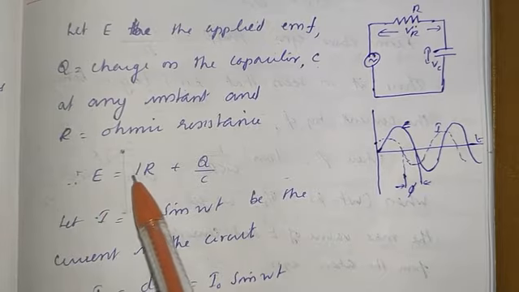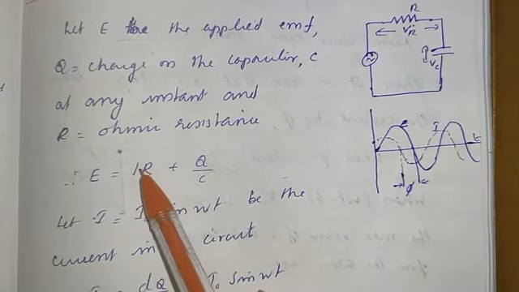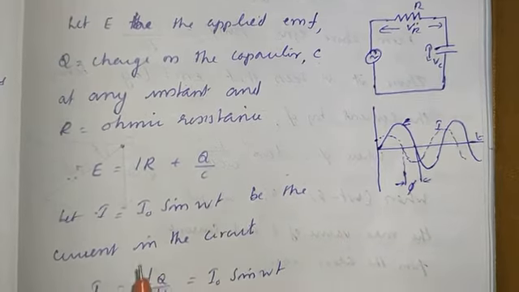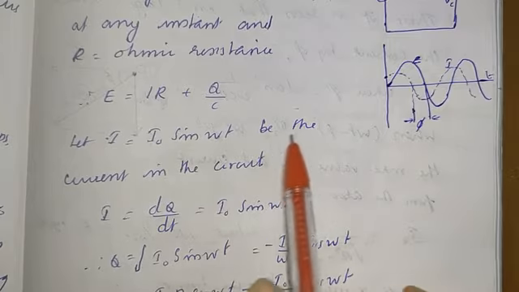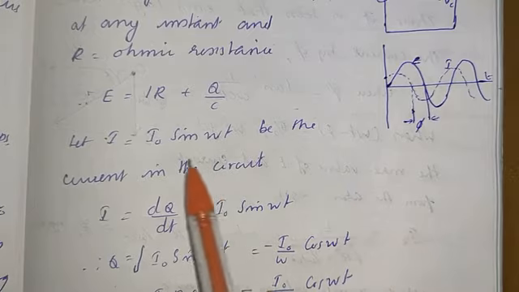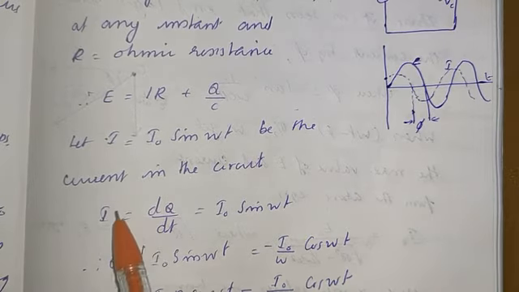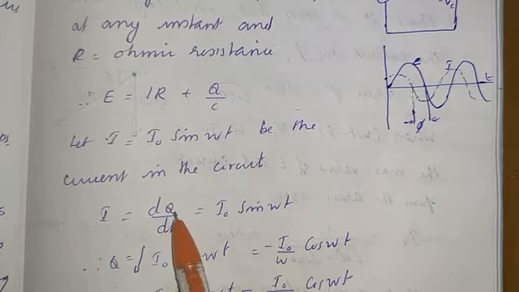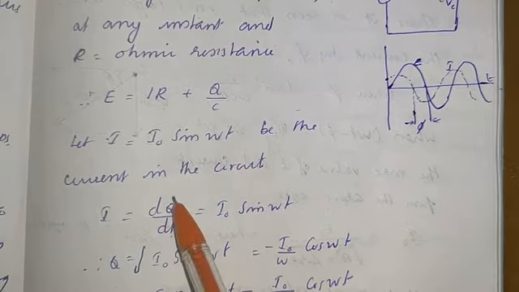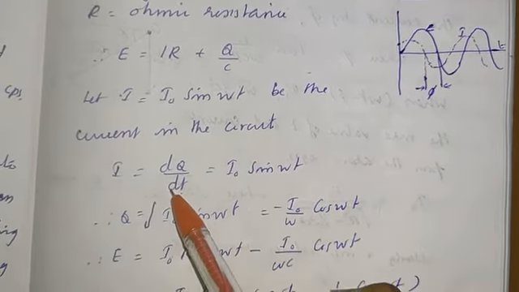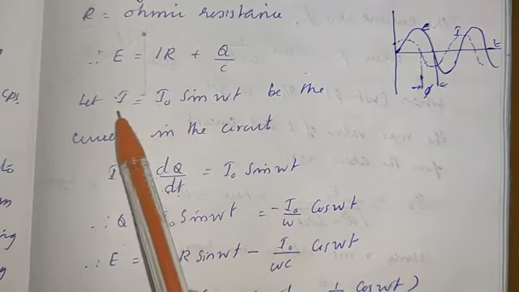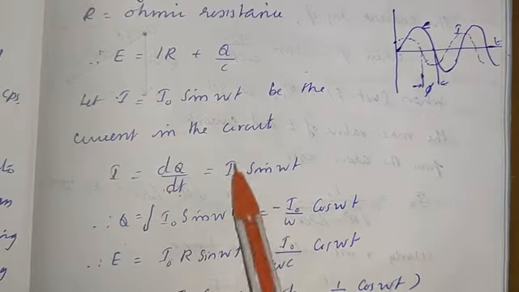So the applied EMF E can be written as the drop across resistance R, which is IR, plus that across the capacitor, which is q by C. Let I equal I0 sin omega t be the current in the circuit, so that I is equal to dq by dt, meaning I can be represented as the rate of change of charge. So dq by dt is nothing but I0 sin omega t. So we are supplying a current I equal to I0 sin omega t.